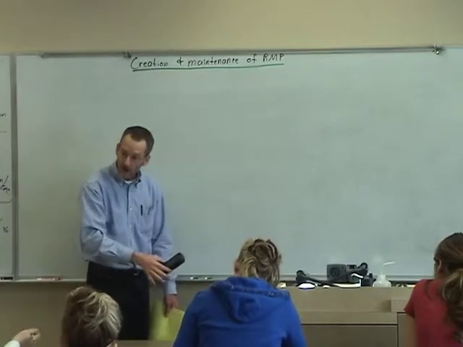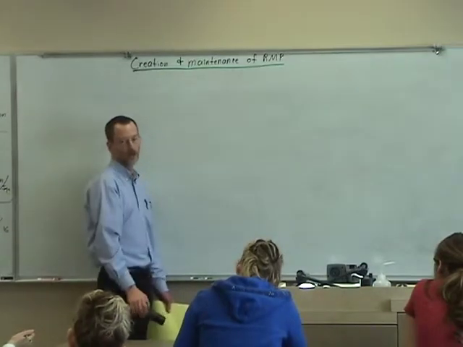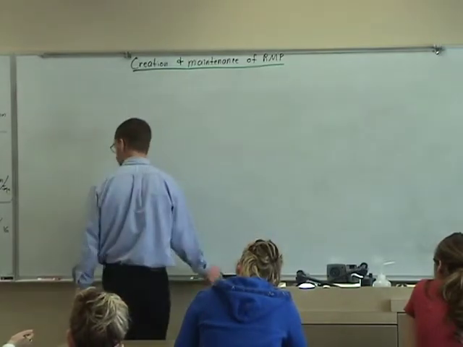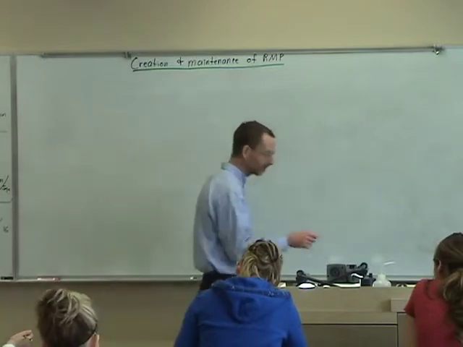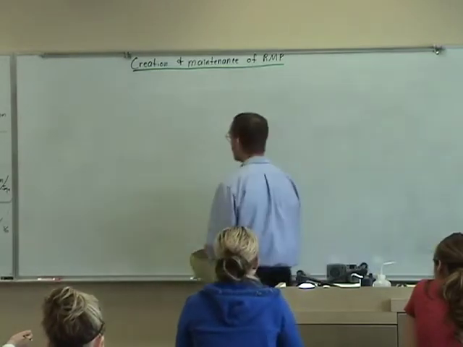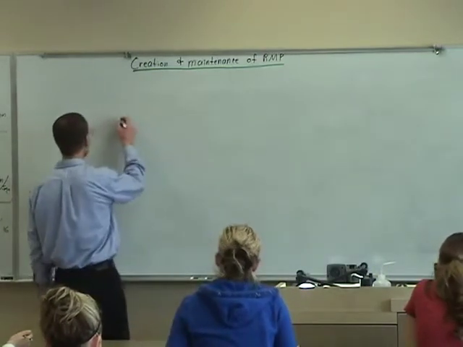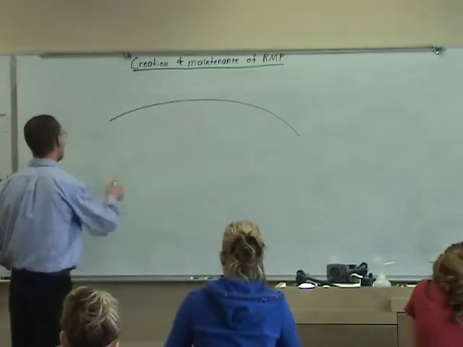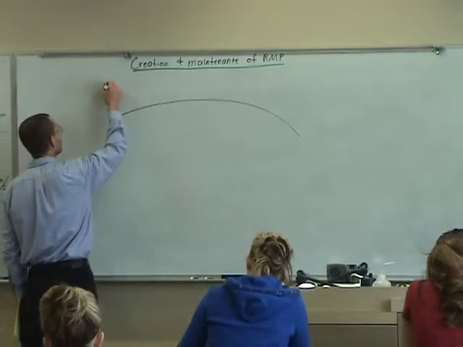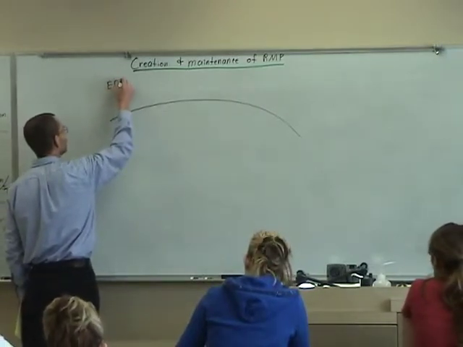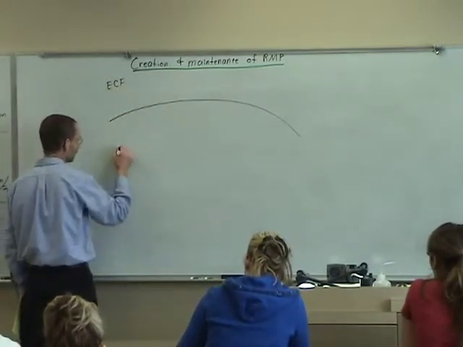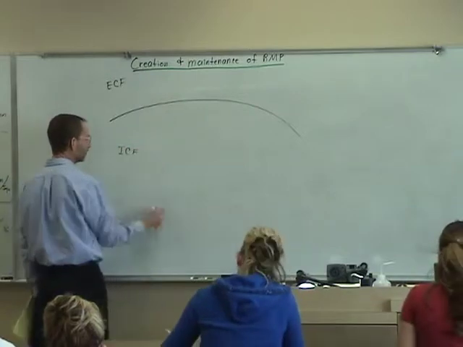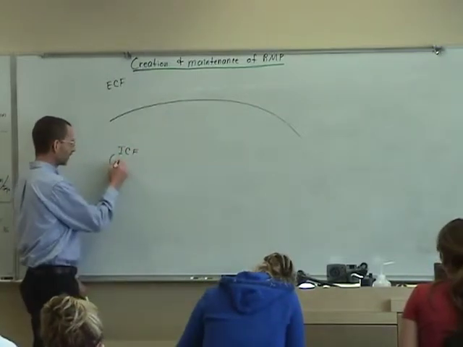We'll later on go to depolarize it and create an action potential. But right now we're just getting it set up at rest. So here is a piece of the cell membrane. We'll get oriented. Here's the extracellular fluid, and this would be the intracellular fluid, or the cytosol.